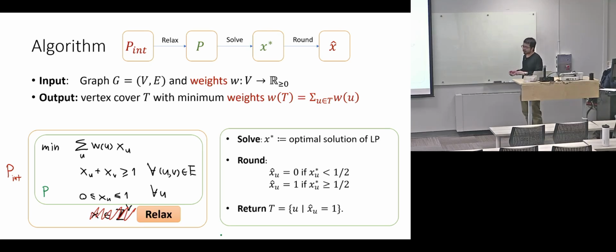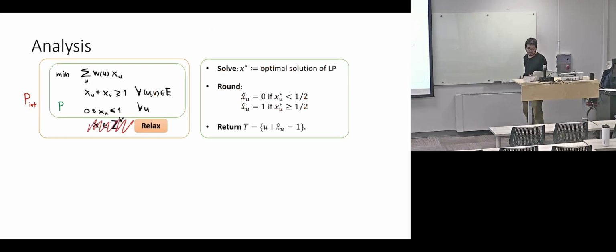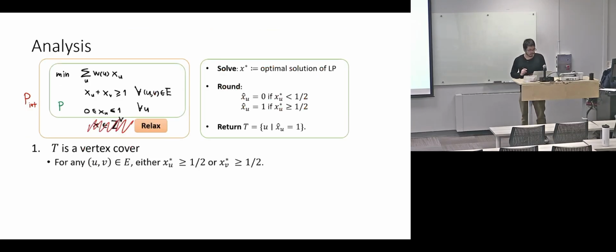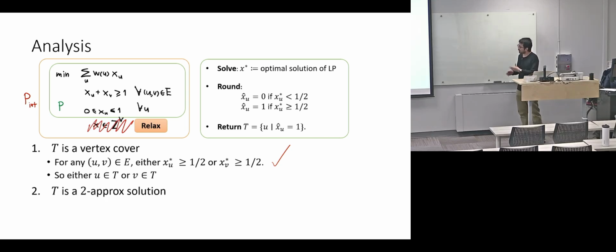And next is about approximation. So let's try to analyze it together. Okay. So first, it is a vertex cover. We're good. Next, I claim that this will give you a 2 approximation. Okay. So let's see.